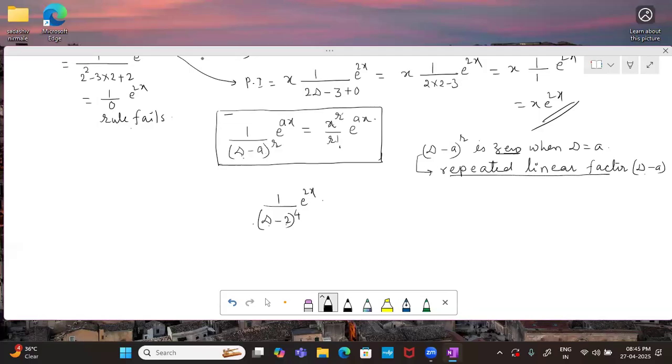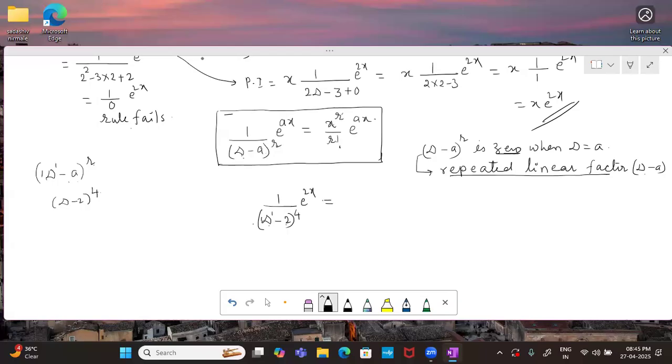Why is it linear? Power of D is 1, multiple of D is also 1. So D minus a with power 1 multiple 1 is called linear. And if the power is r, it is r times repeated linear factor. D minus 2 raised to 4 is a 4 times repeated linear factor, D minus 2.